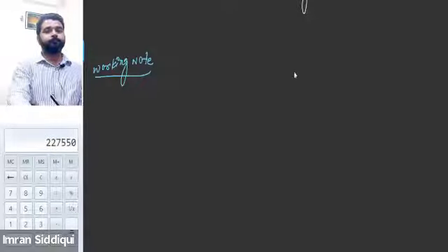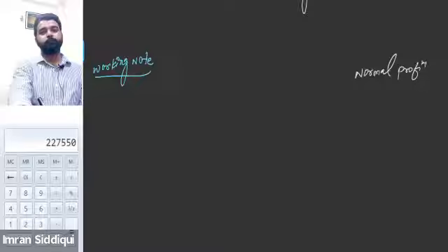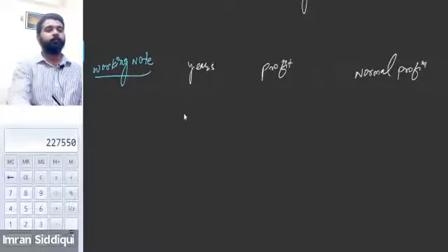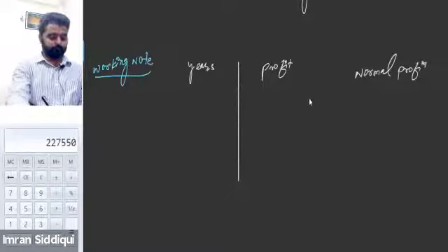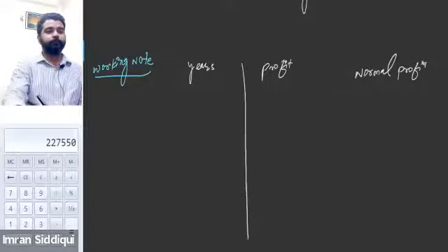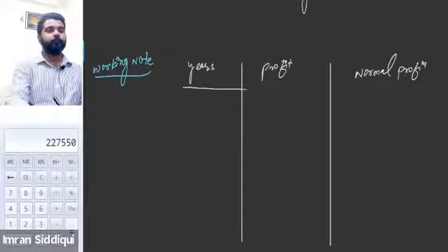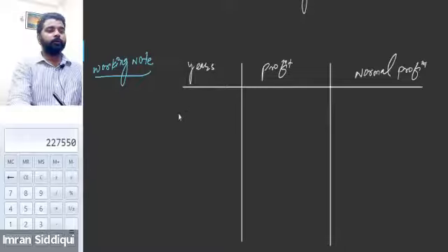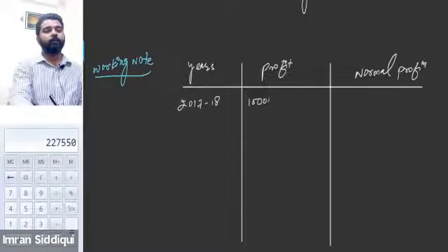So normal profit for the year 2017-18. Okay, so in the year 2017-18, the firm generated a total profit of 1 lakh, right?